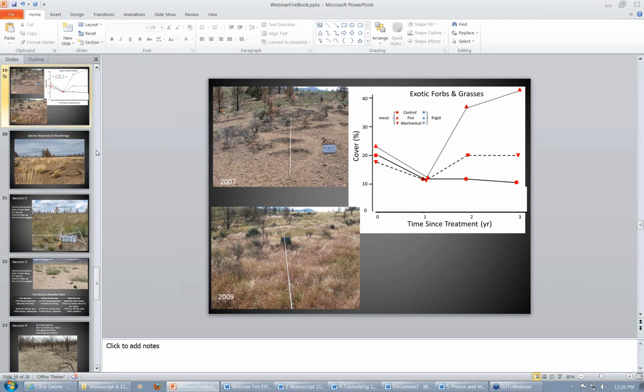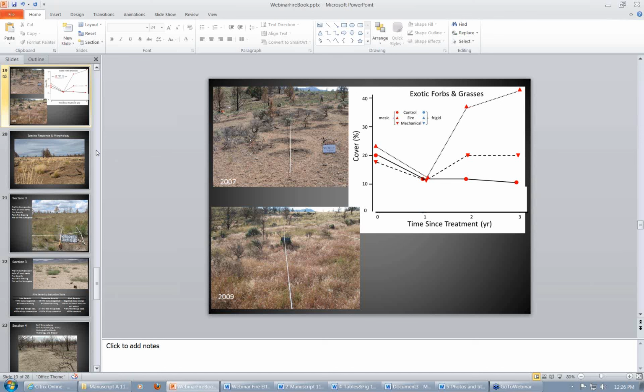There's been some work, and again, it can be pretty inconsistent depending on conditions, on some of the key forbs, like the chicory group, the mountain dandelions, Crepis, and a number of those. There can be an increase following fire, but the variability is so high that it's often hard to capture that when we're doing research.